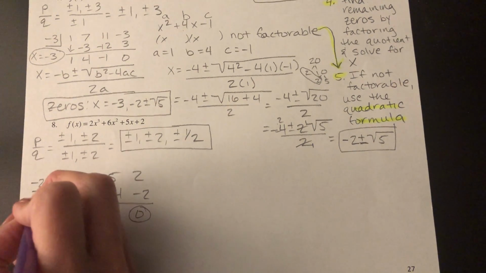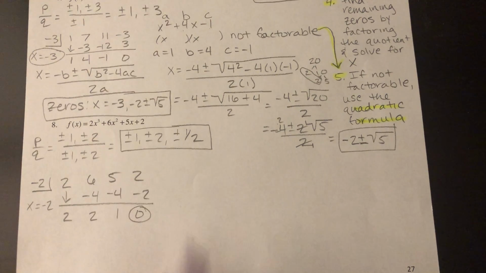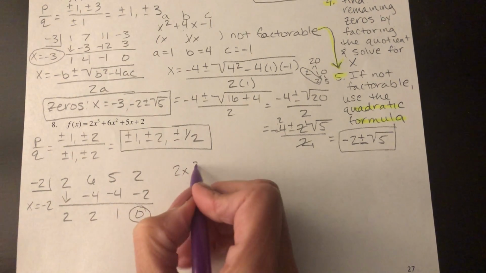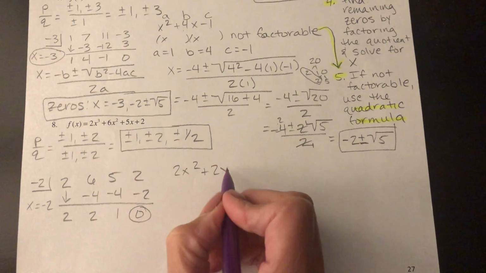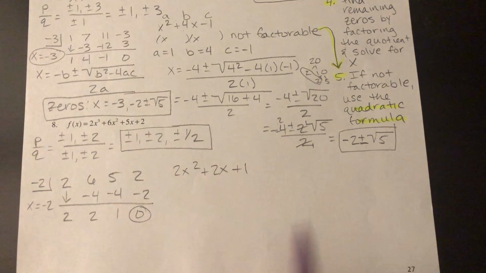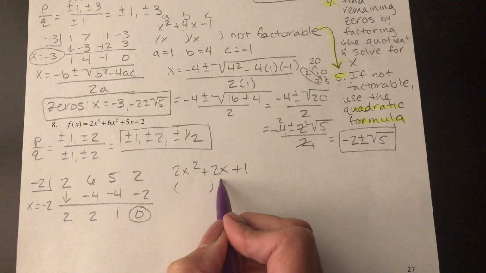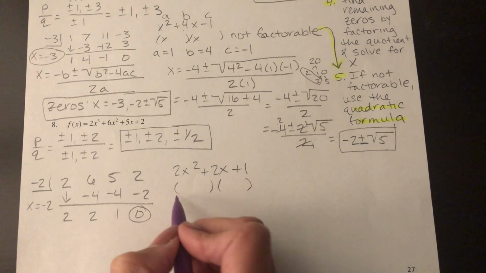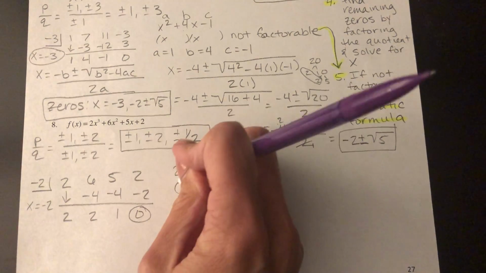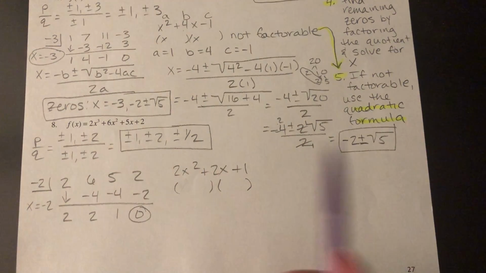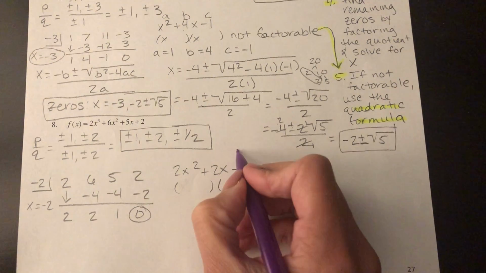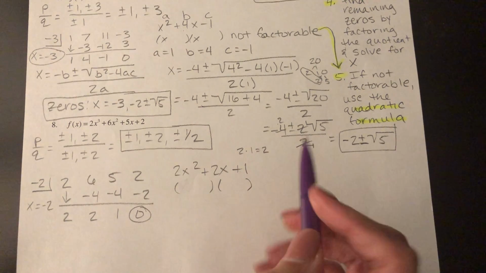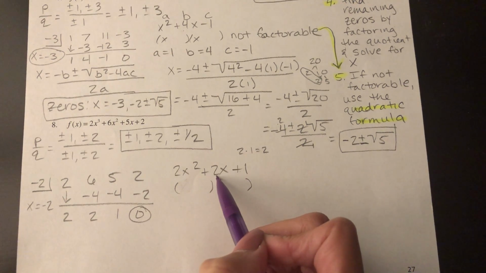So I know that one factor is -2, and I'm going to take my 2x squared plus 2x plus 1, and I'm going to factor it. That's one of those where you do 2 times 1 is 2. So what are the factors of 2 that add up to 2?